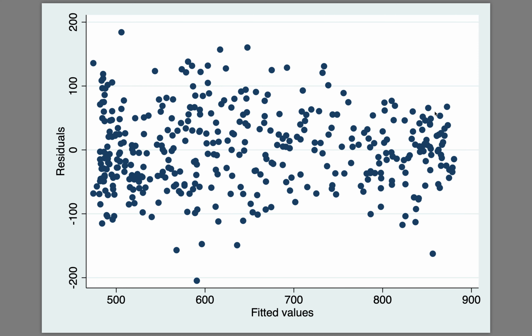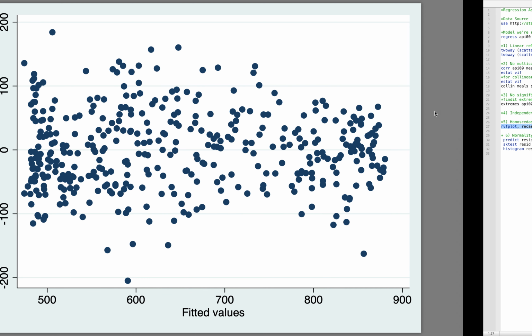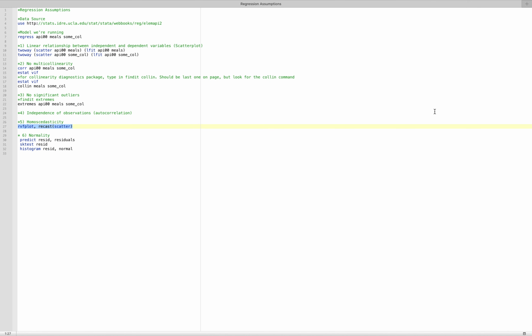Okay, we'll see. The final assumption of regression is normality. So your residuals. Some people talk about it as the outcome that has to have a normal distribution.